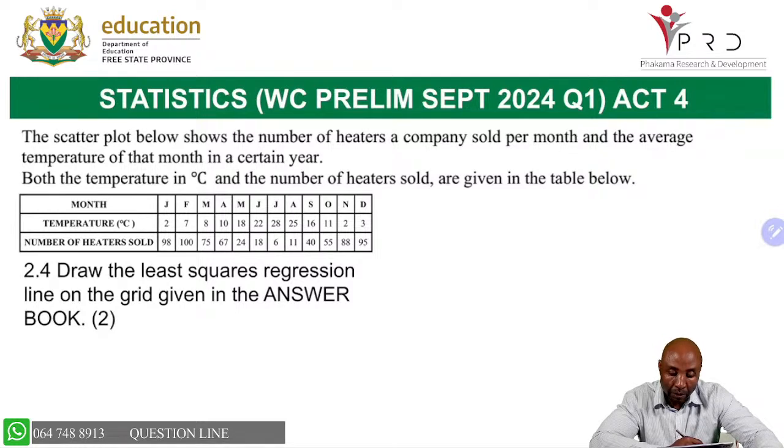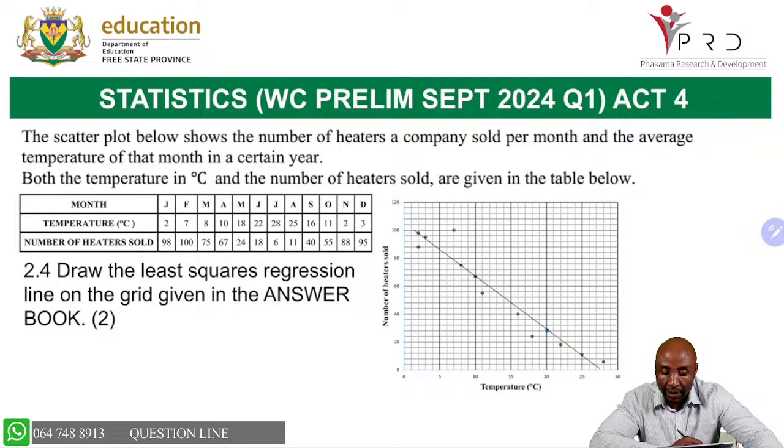We are supposed to draw a line of best fit, and you are able to see that our line of best fit has to pass through our X bar and Y bar there. And also check that our graph has to be restricted. It can't go beyond those points if you are drawing it there.